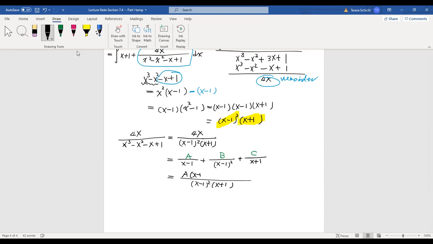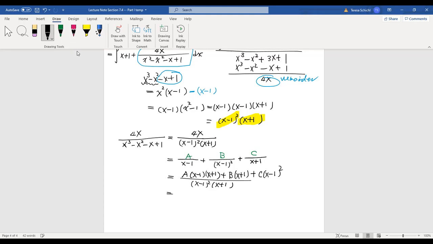You need to multiply by x minus 1 and x plus 1. Then for the B term, this is already x minus 1 squared, so I only need to multiply by x plus 1. For the C term, C over x plus 1, I need to multiply by x minus 1 squared.